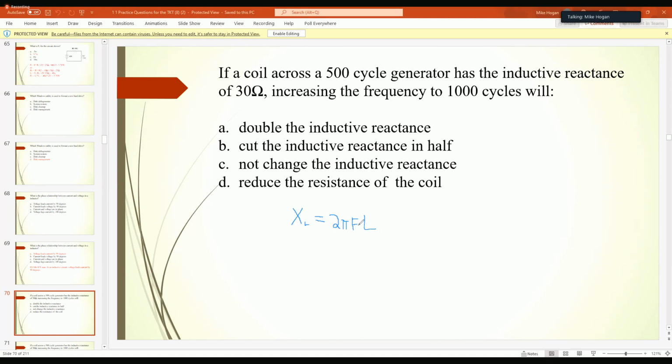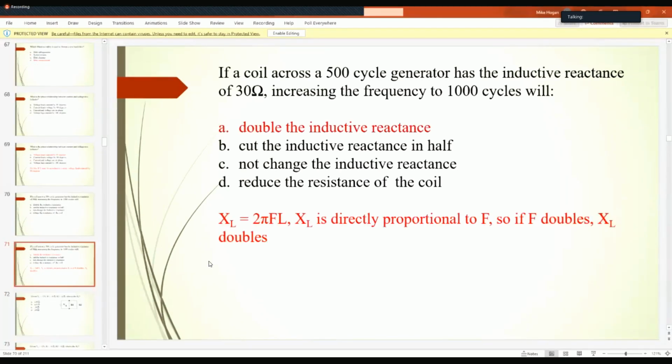If I multiply this side by 2, if it's getting greater, this side's got to get greater as well. So double the inductive reactance, cut the inductive reactance in half, not change, or reduce the resistive coil. So it's got to be A, right? There we go. Very good.